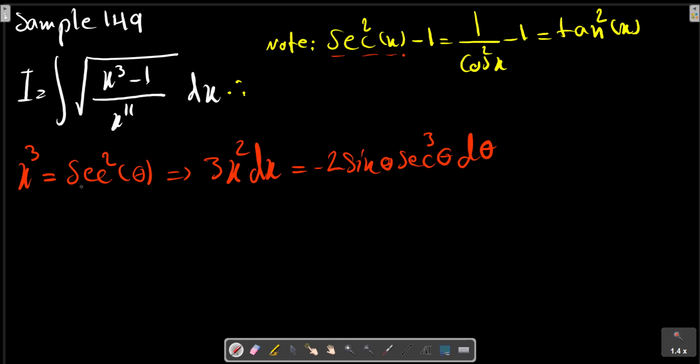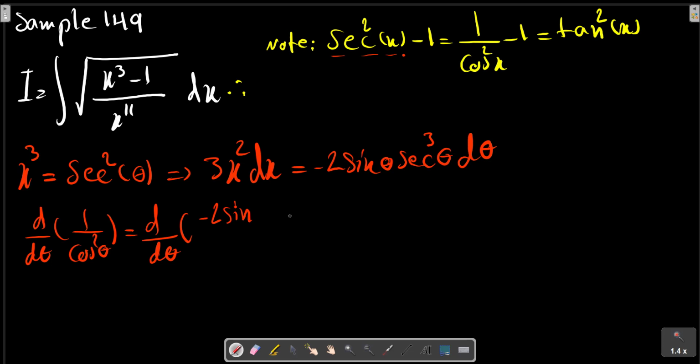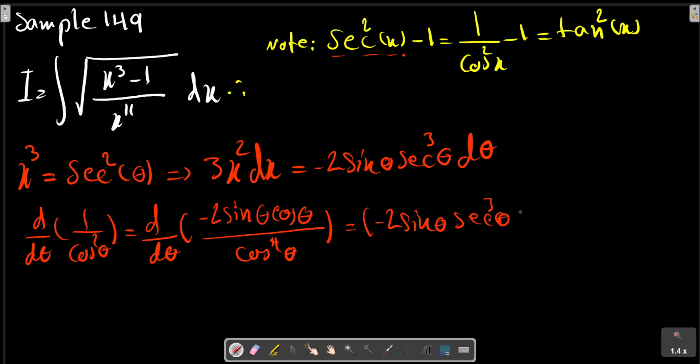If we want to calculate the secant²θ derivative, minus 2 sinθ cosθ on cos⁴θ, we have this relation.